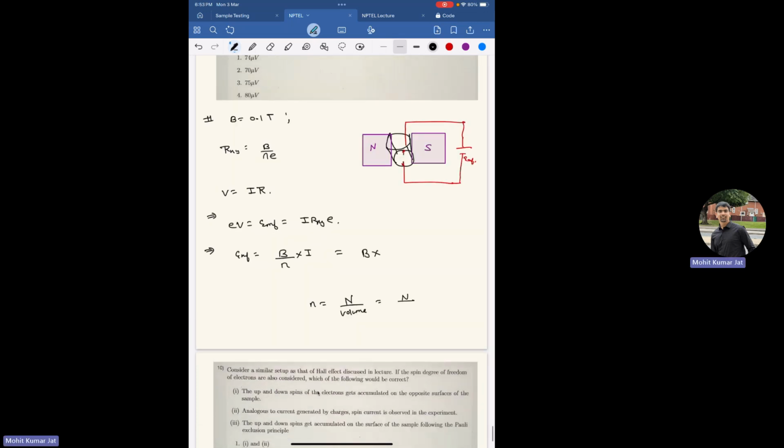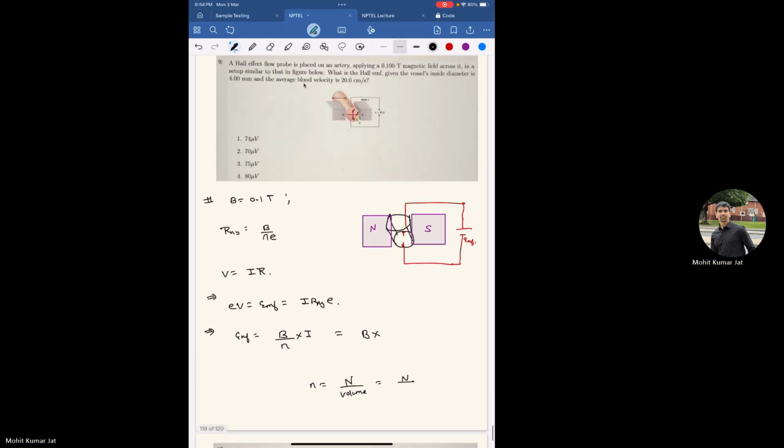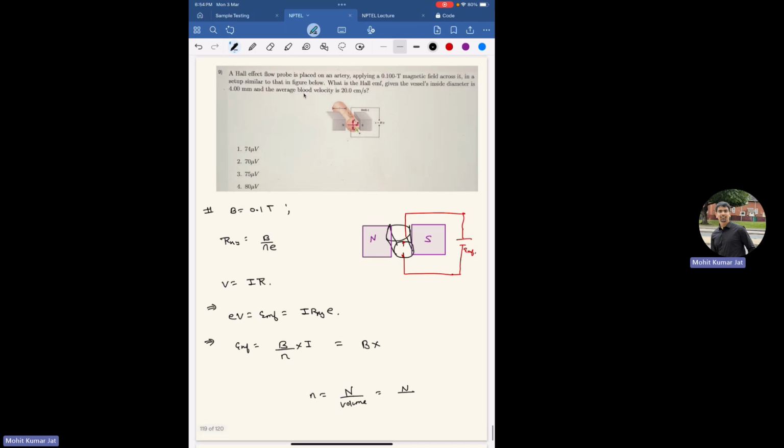So n by volume is how much? 4 mm is the diameter, given as the vessel inside diameter. So the area will be pi r square, which can be written as pi d square by 4.